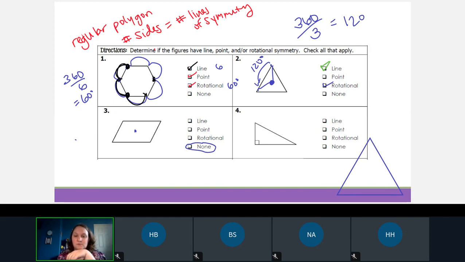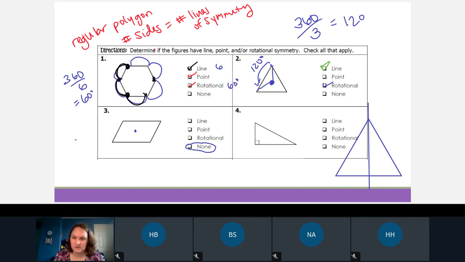Okay, so if this was a 45, 45, 90, your line of symmetry would go right down the middle, right? As long as this was the 90-degree angle up here. Okay, if that was the 90-degree angle and this was your 45s, then it would land exactly on top of itself. Very good question.